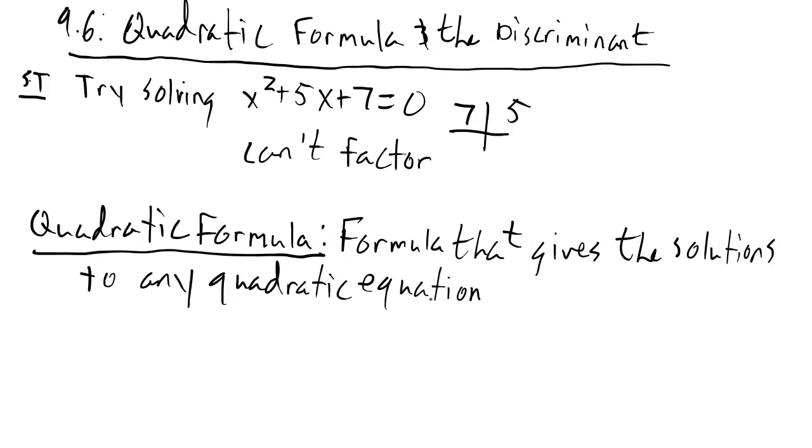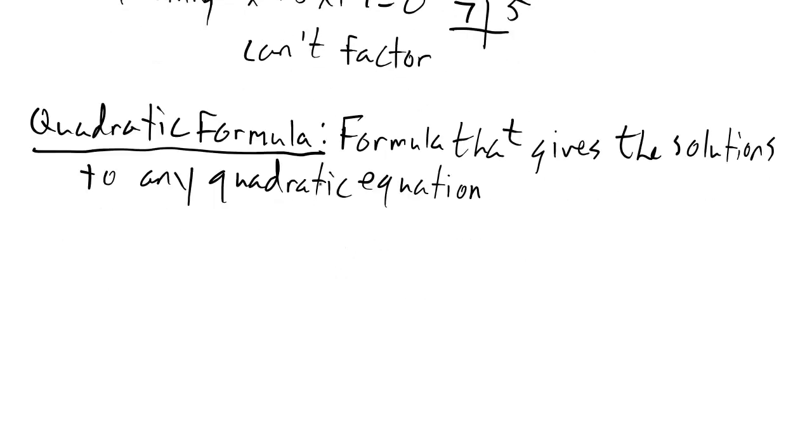And let's scoot this down a little bit. So if we have a quadratic equation, that's something in the form ax squared plus bx plus c, that's our quadratic part. The equation means it's equal to 0.